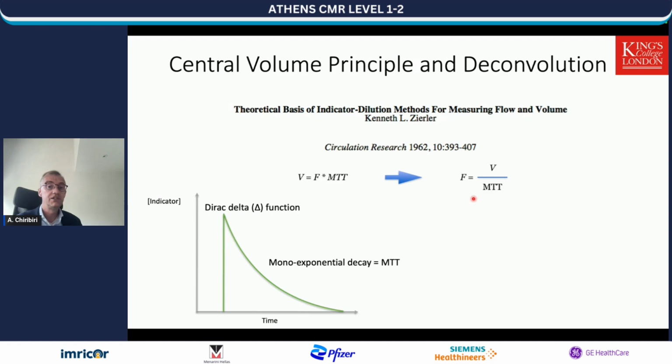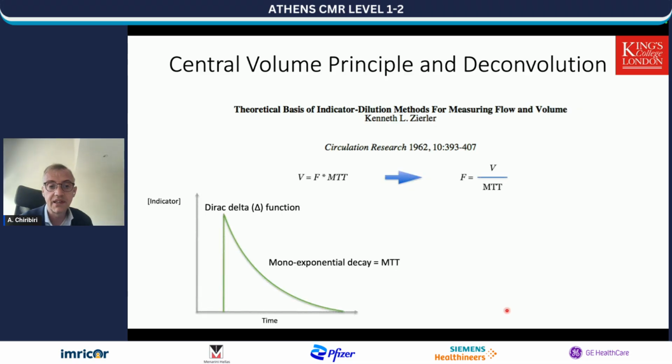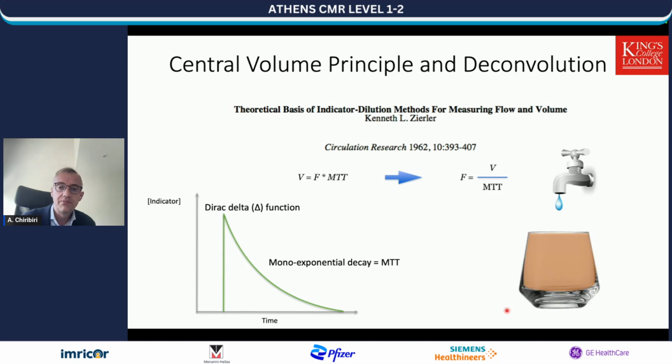I'm referring to Zierler's paper published in 1962, without any patients being scanned, just based on the mathematics, where Zierler was hypothesizing a full injection of tracer in the coronary arteries, which is signaled by this Dirac delta function, so a vertical function, followed by an exponential mono-decay, which can be measured and used to calculate the mean transit time. So it is something that is very difficult to reproduce in practice.